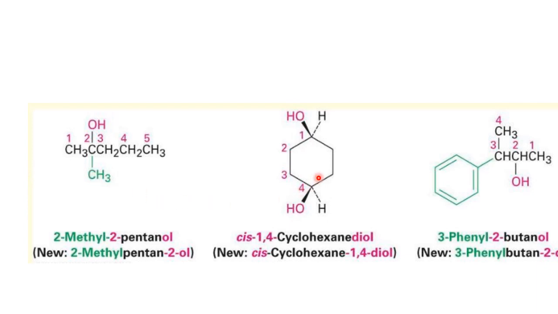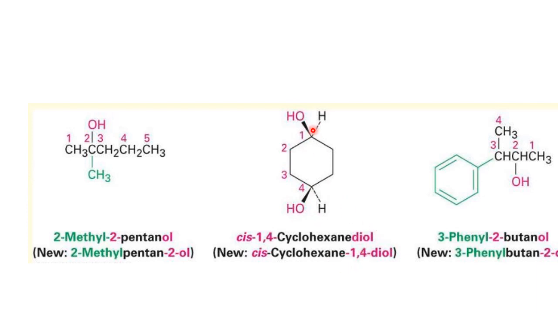Let's go here to another example, and this example is alcohol, cyclic alcohol. So we give the name of the cycle cyclohexane, because all the bonds are single bonds. Cyclohexane, because we have two OHs.